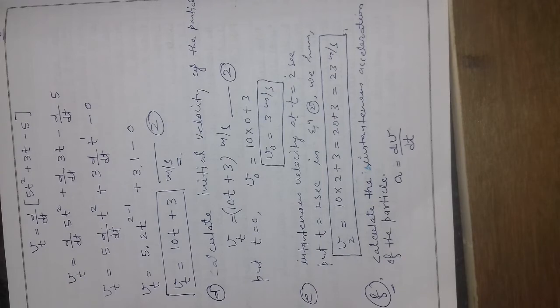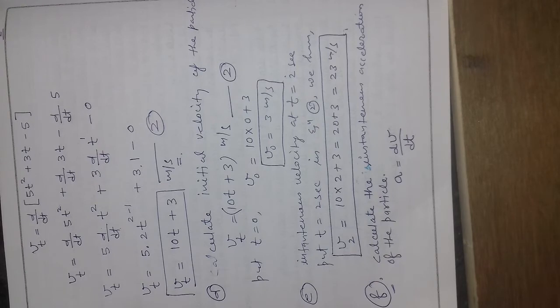Now d over dt will go to each term, 5t square, 3t and 5. So your expression becomes v of t is equal to d over dt 5t square plus d over dt 3t minus d over dt 5. Your first term is like d over dt c t to the power n. Here c is 5 and n is 2. Here 5 is a constant term, so it can be taken out of the differentiation.